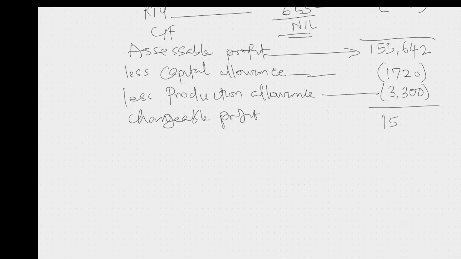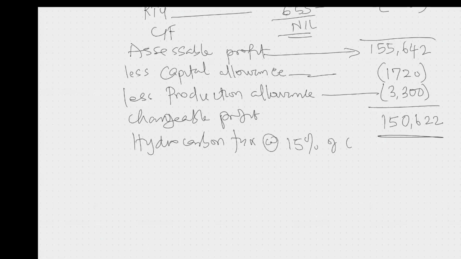Now, on that, we will now calculate our hydrocarbon tax at 15% of CP. So what do we have? 22,593.